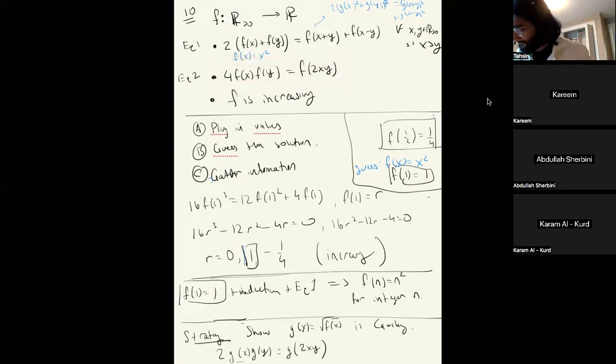So let's write something here. If I look at this equation and I put y equals 1, I'll get 4f of x equals f of 2x.